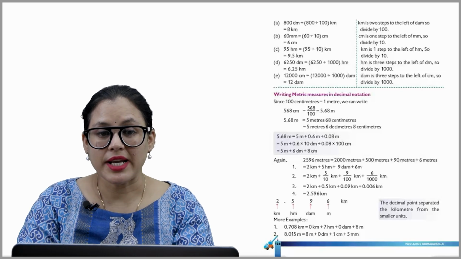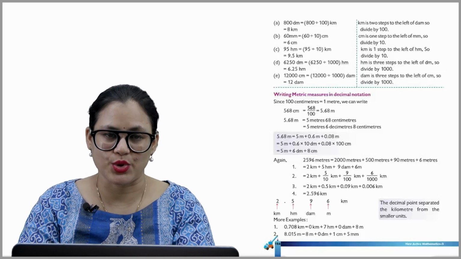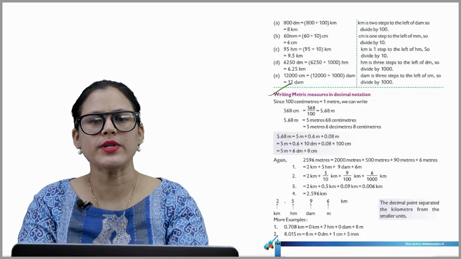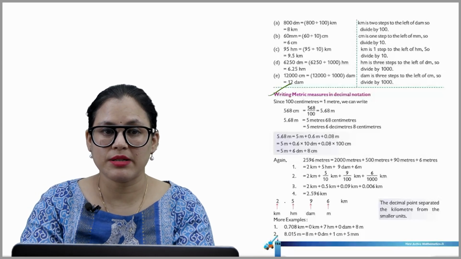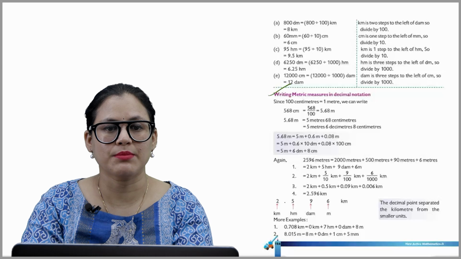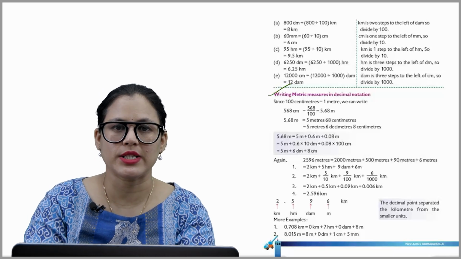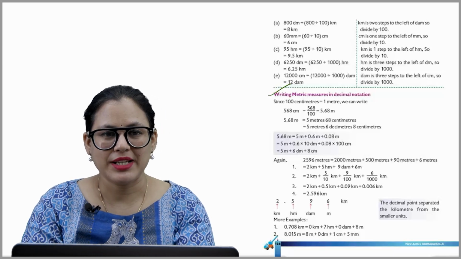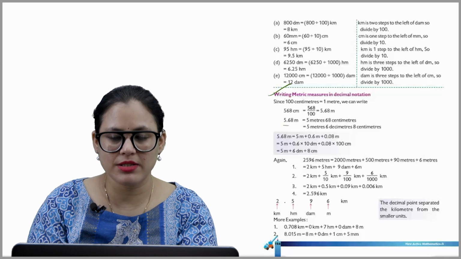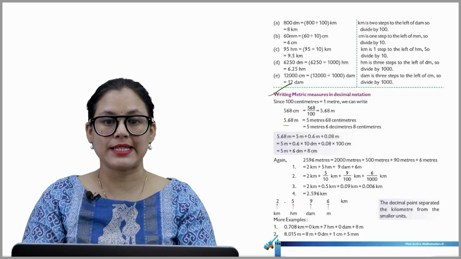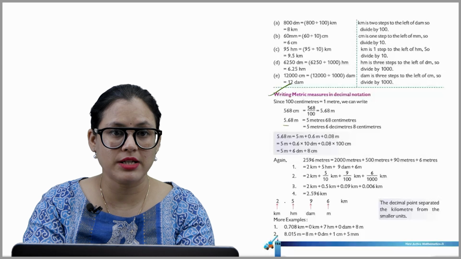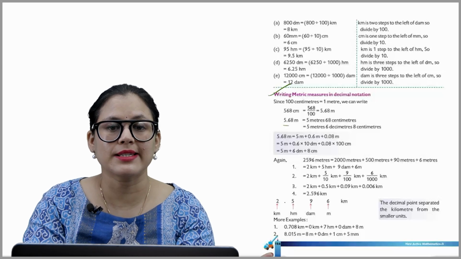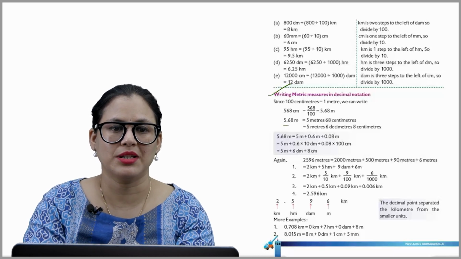Okay, writing metric measures in decimal notation. Since 100 centimeters is equal to 1 meter, we can write 568 centimeters is equal to 568 by 100, that is 5.68 meter. And 5.68 meter means 5 meters and 68 centimeters. Or you can write 5 meters, 6 decimeters, 8 centimeters.